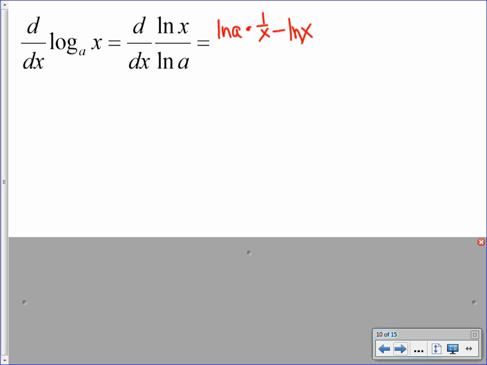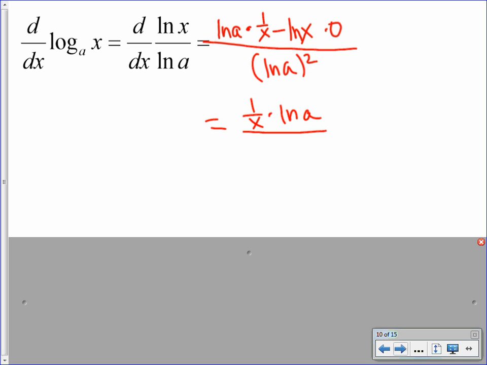Is a a variable? A is a constant. What's the derivative of a constant? 0. So we have 1 over x times the natural log of a, over the natural log of a squared.